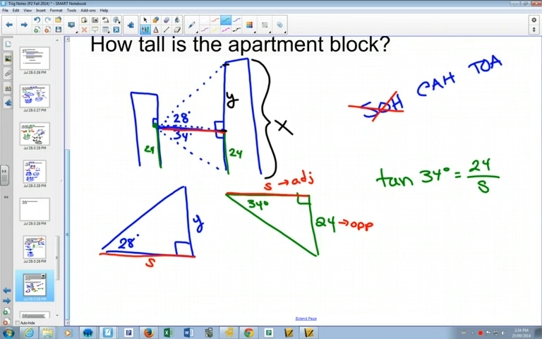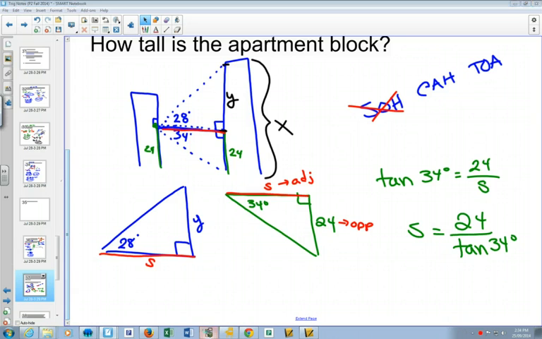We want to get s by itself. It's in the denominator. Multiply both sides by s. Then divide both sides by tan 34. Are you okay with doing those two steps at once? Multiplied both sides by s, and then divided both sides by tan 34. We would get s equals 24 over tan 34.